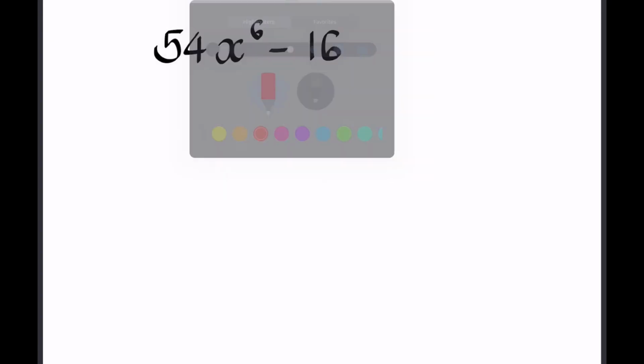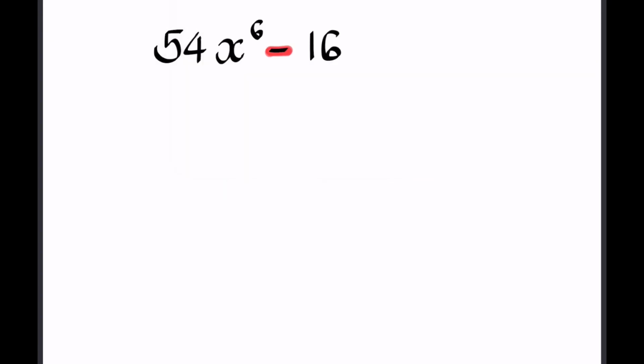If I have 54x to the power of 6 minus 16. Alright, so I have 54x to the power of 6 minus 16. I have a minus and I have a binomial, but 16 and 54 have a common factor.